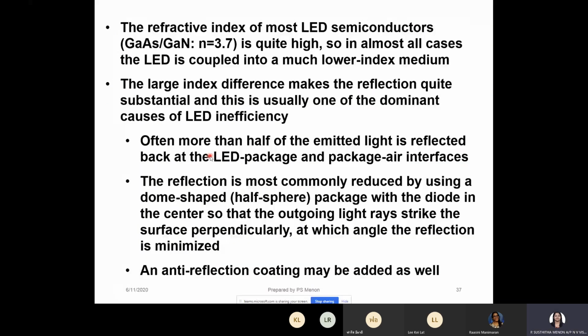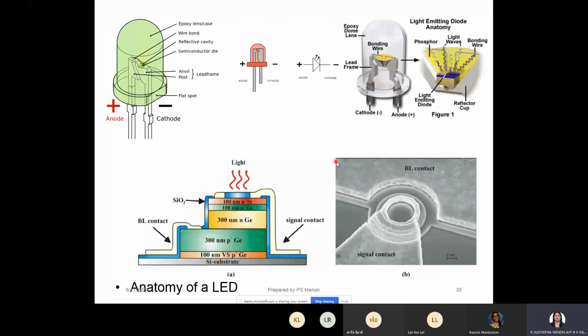More than half of the emitted light is reflected back at the LED package and package air. You must cover the chip with something, right? This chip will be covered with the package. So there's a first reflection, and the second reflection happens here. So reflection occurs in two places.